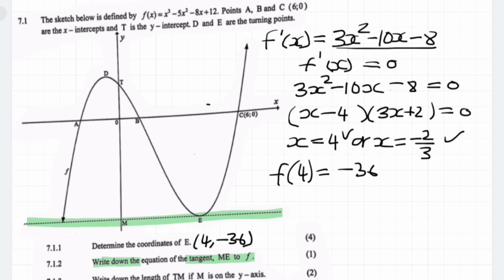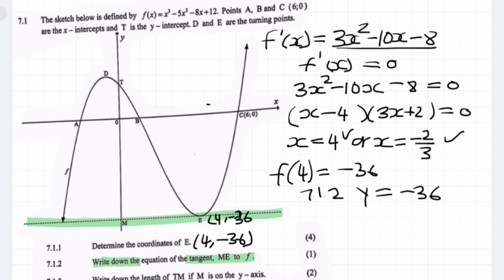So for 7.1.2, our answer here is going to be y equals negative 36, because here is negative 36. If here is (4, negative 36), then this equation is also going to be y equals negative 36. It's just a horizontal line, parallel to the x-axis over there, perfect.